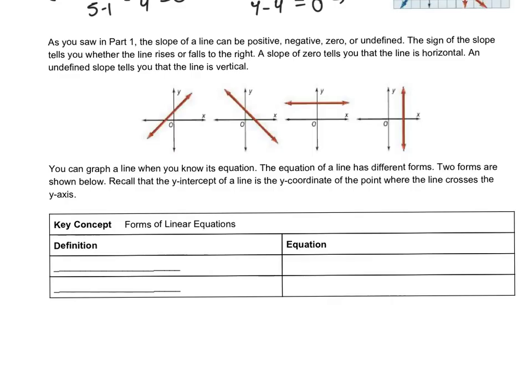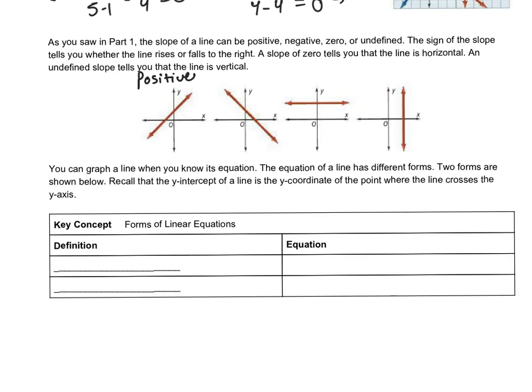All right, so as we saw in part 1, the slope of a line can be positive, negative, 0, or undefined. The sign of the slope tells you whether the line rises or falls to the right. A slope of 0 tells you that the line is horizontal, and an undefined slope tells you that the line is vertical. So looking at the first one, this one is positive because our line is increasing.